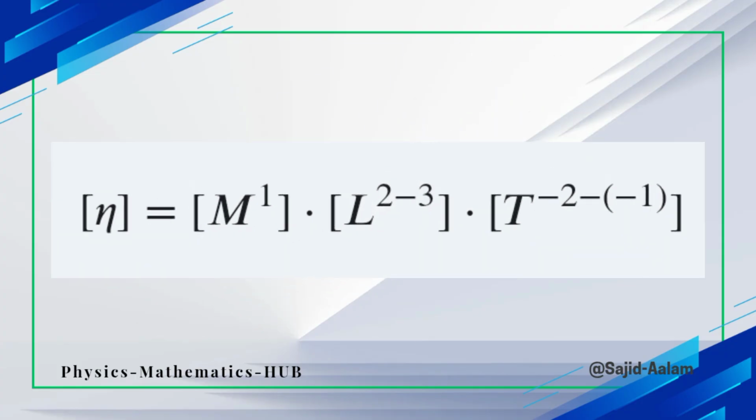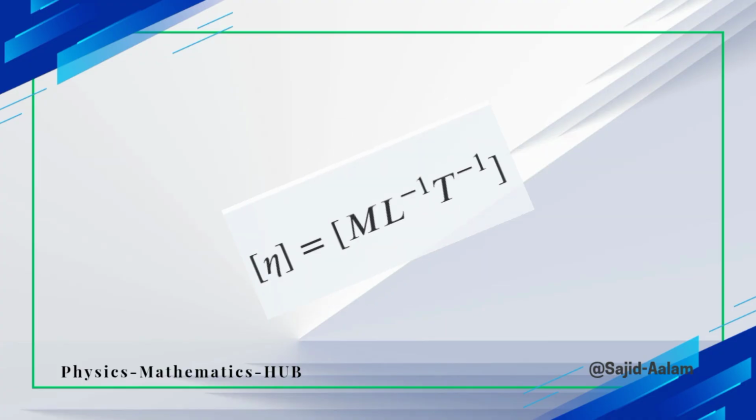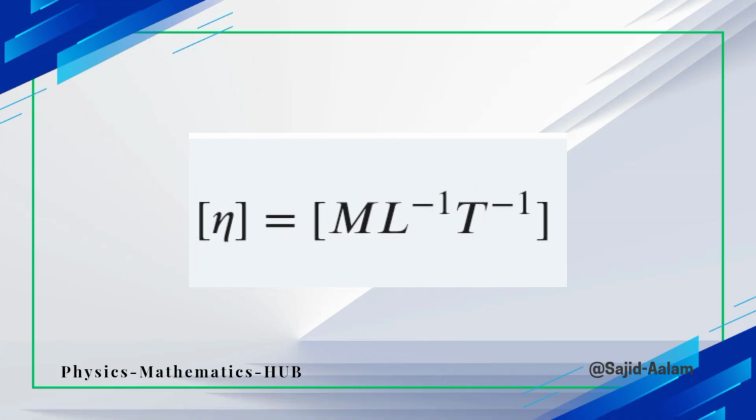Subtracting the exponents of L, 2 minus 3 equals -1, and for t, -2 minus -1 equals -1, we arrive at our final result. Eta equals mL to the power of -1, t to the power of -1.